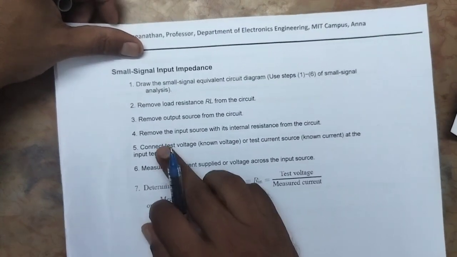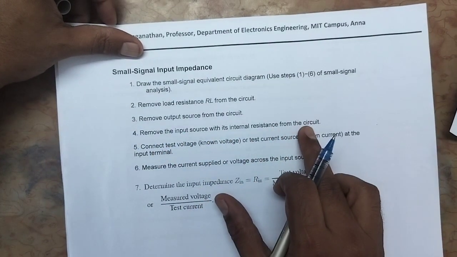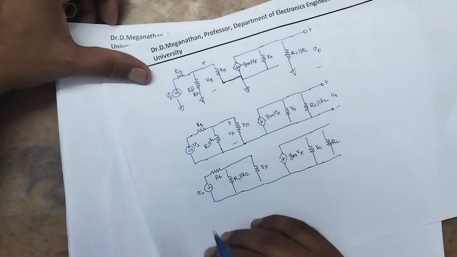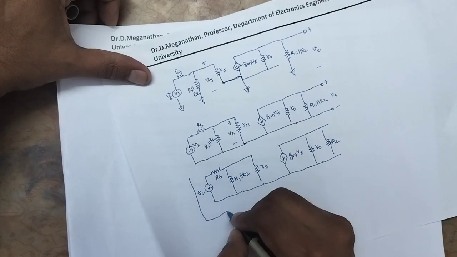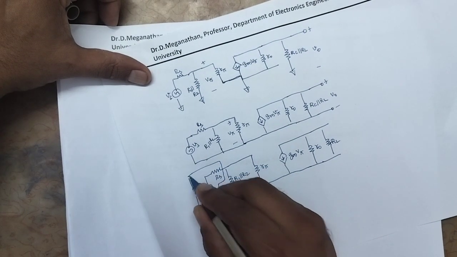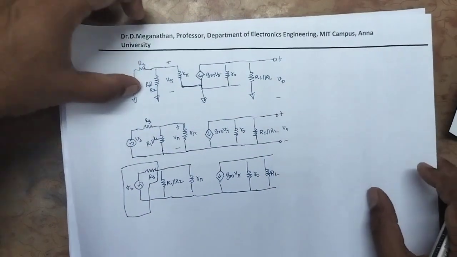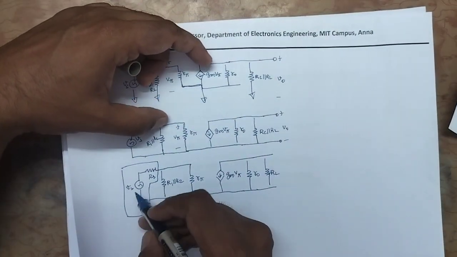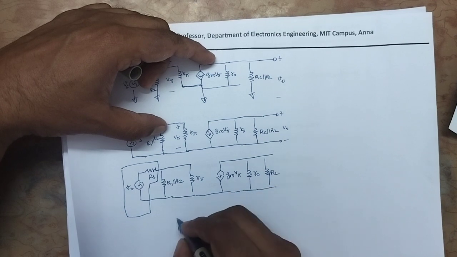Then what is step number 4? Remove the input source with its internal resistance from the circuit. This is the input voltage source, which has the internal resistance RS. We are going to remove this voltage source with its internal resistance.